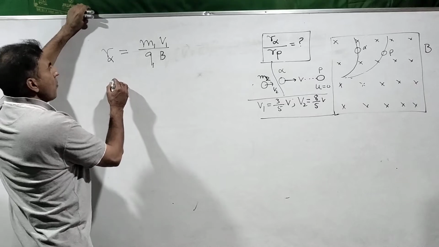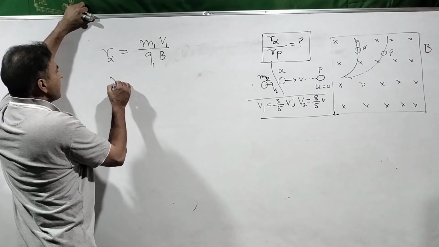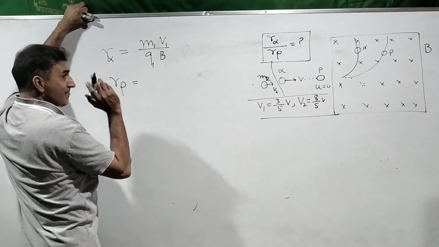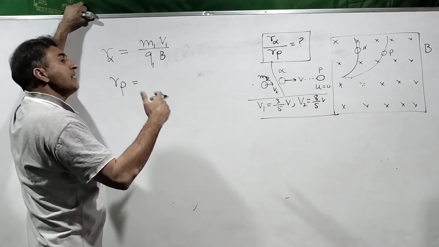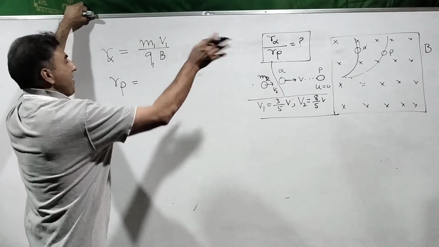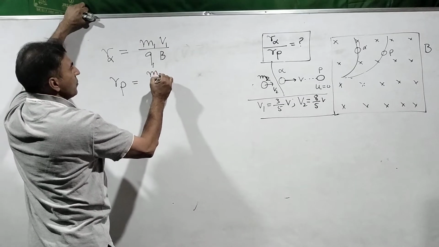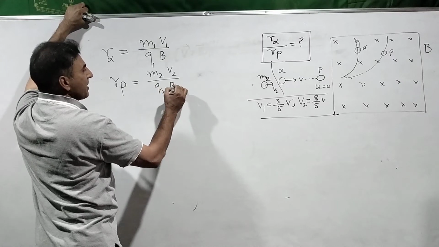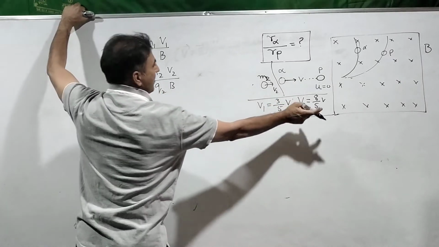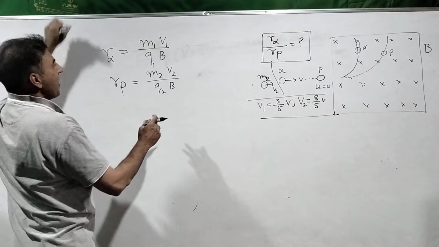Okay, now what about the radius of the proton? Radius of proton does not mean the proton's own radius. Radius of the proton means the radius of the circle in which the proton moves in the magnetic field. That is m2 v2 by q2 B, because 2 stands for proton. So I want to find the ratio.